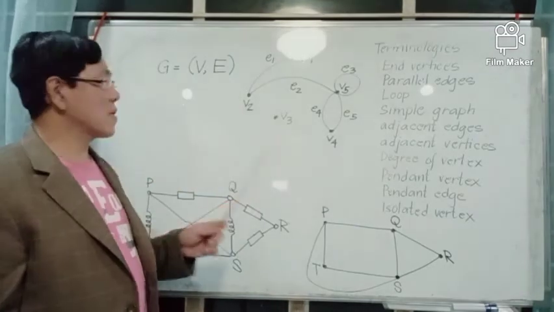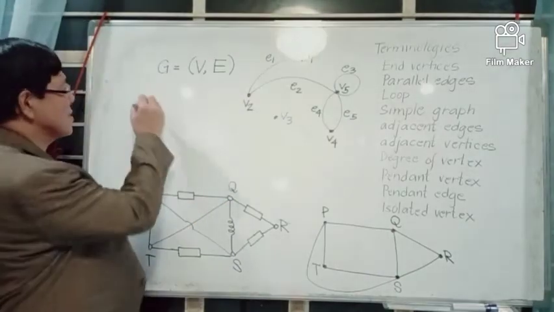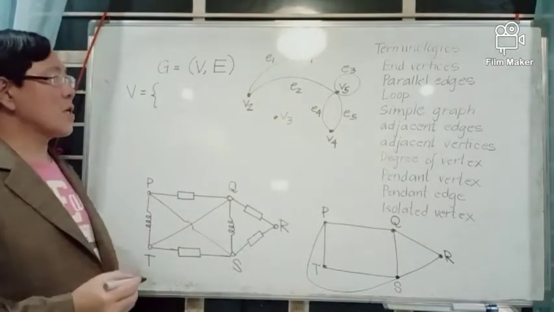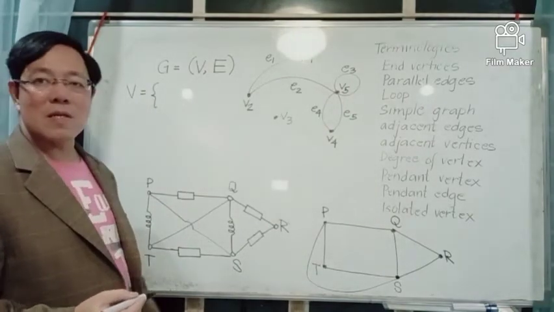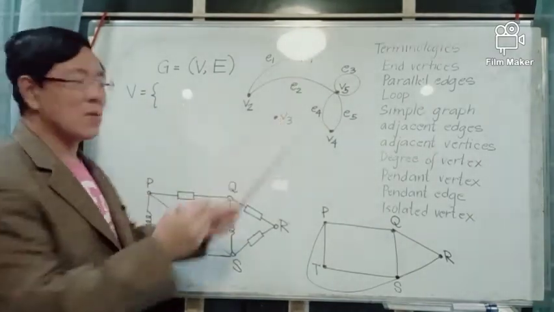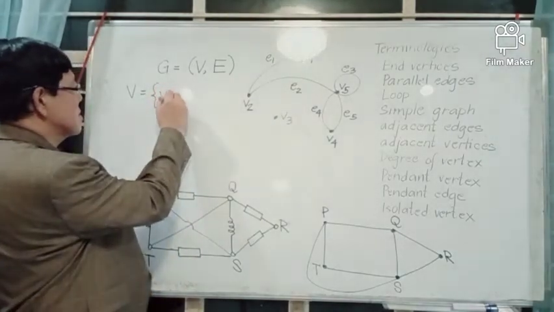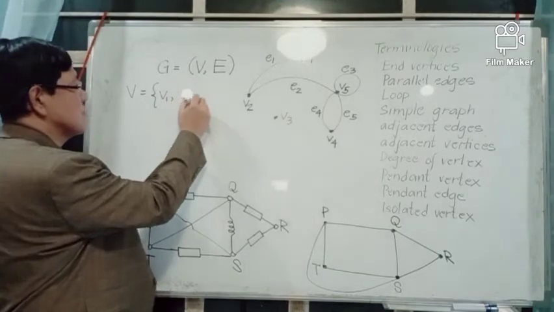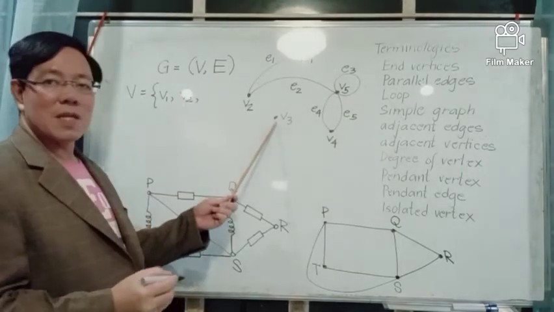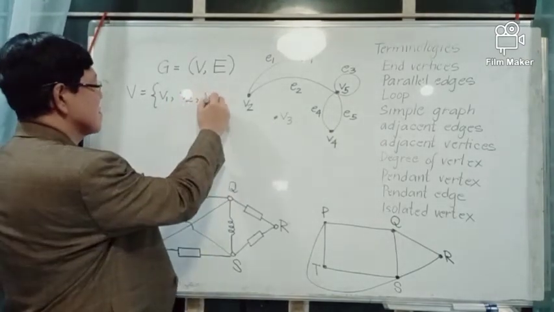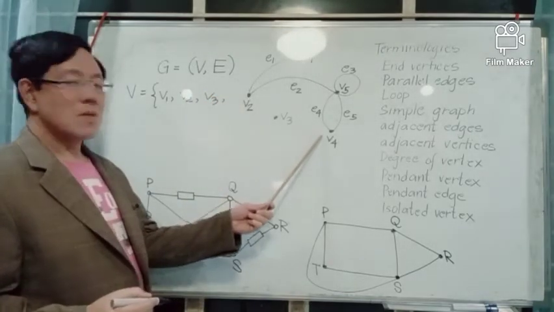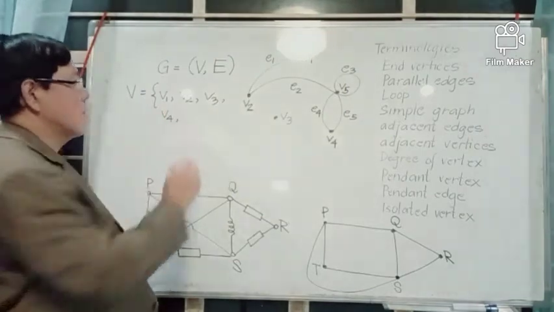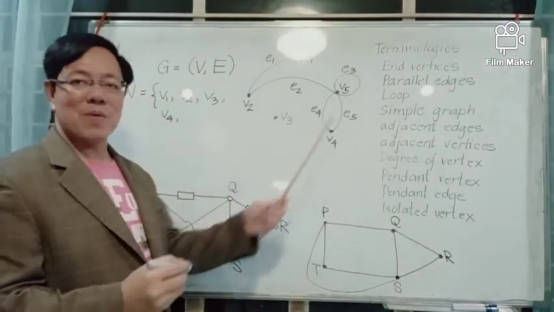For this particular graph, the set V is the set of vertices consisting of the vertices V1, V2, V3, vertex V4, and the vertex V5.